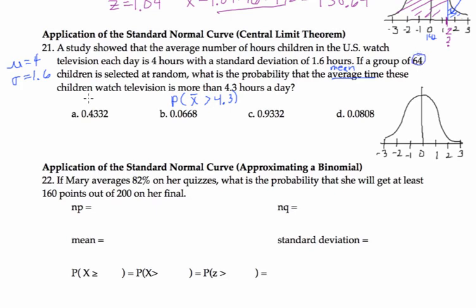The 64 people, that's the group, that's the sample of students that I'm taking. So that means that my N is 64. Now what this tells me, that I have a group of 64 people that I'm doing the mean time that the kids watch, is that instead of using my z-score formula that I used above, I'm going to use this z-score formula.